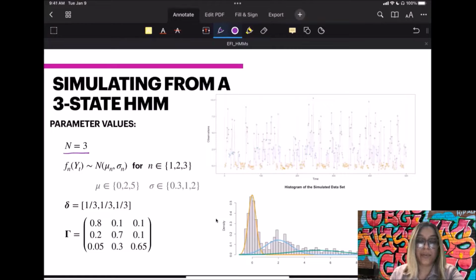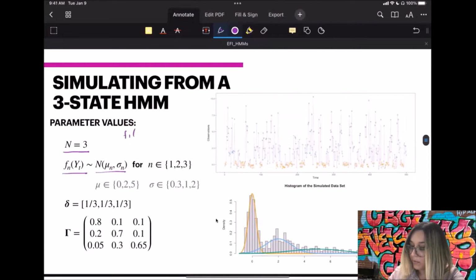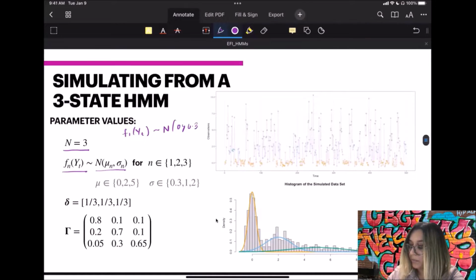And now, given we have 3 states, there are 3 probability distributions that generate our data. Each of them has a normal distribution. So state 1, the data is generated according to mean 0 and standard deviation 0.3.